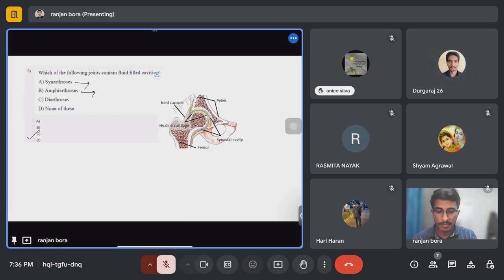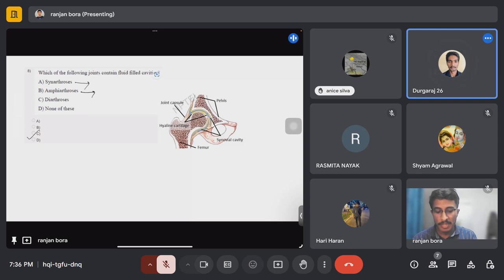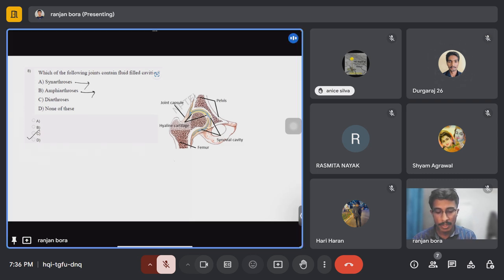You can see this is a hip joint, and here there is diarthrosis. The joint cavity is filled with some liquid which facilitates the joint movement.